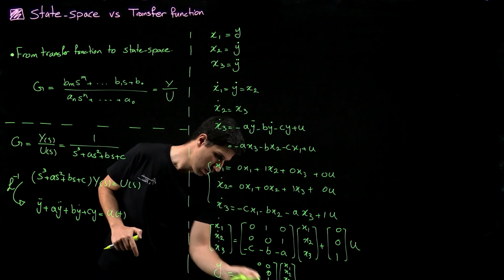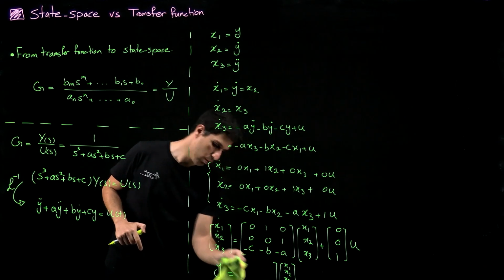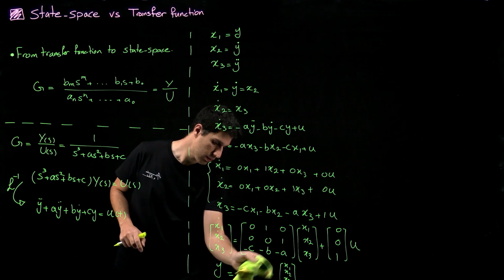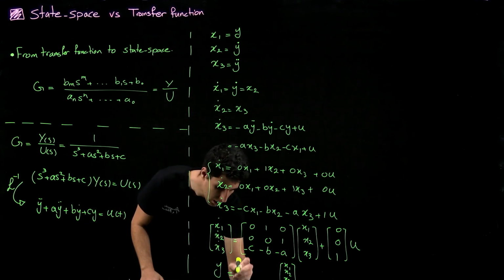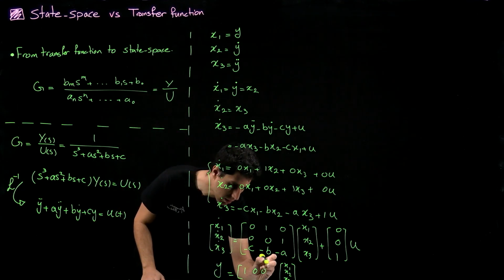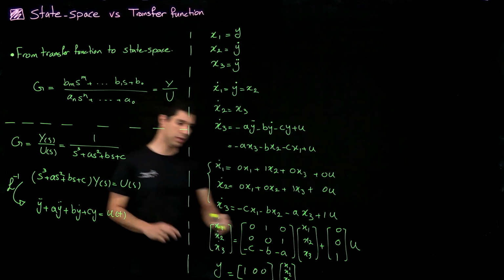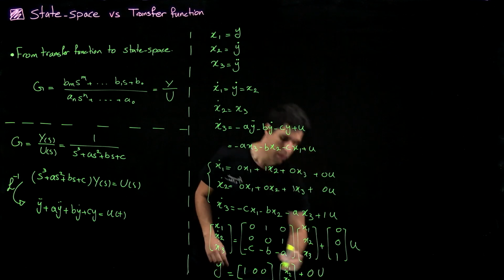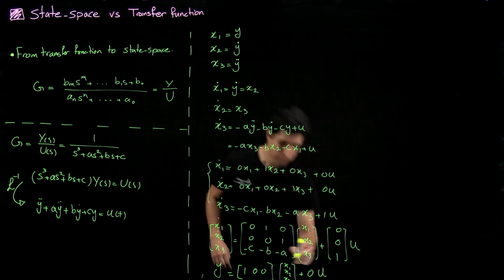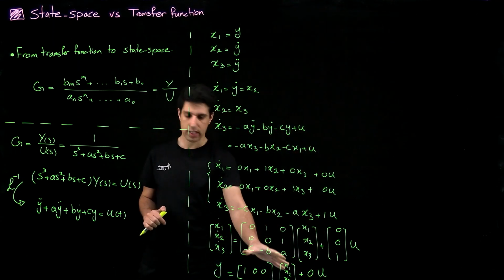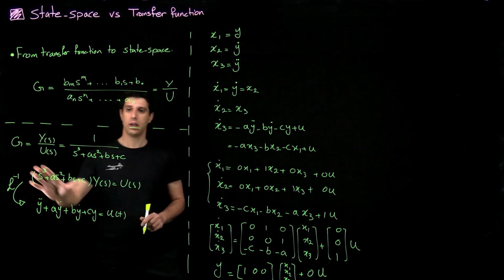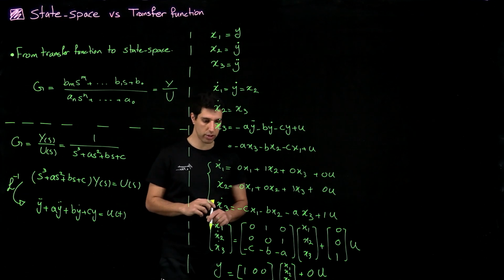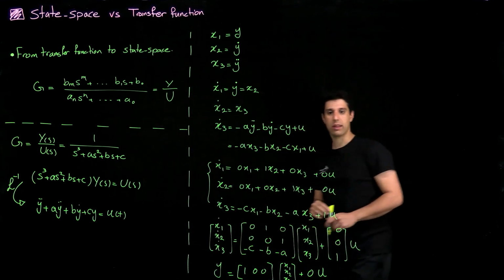I don't want all of them, I only want x1. So it's going to be 1, 0, 0, times x1, x2, x3, plus 0 u. So now I constructed the state space equivalent of the system described by this transfer function, and it is this.